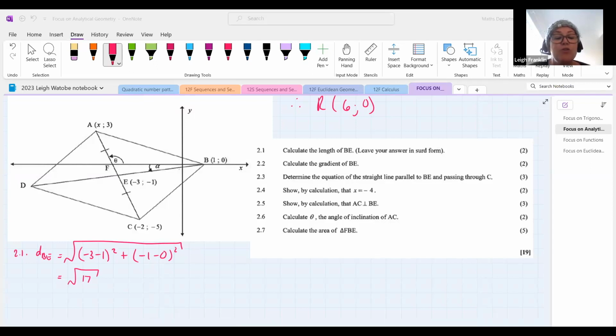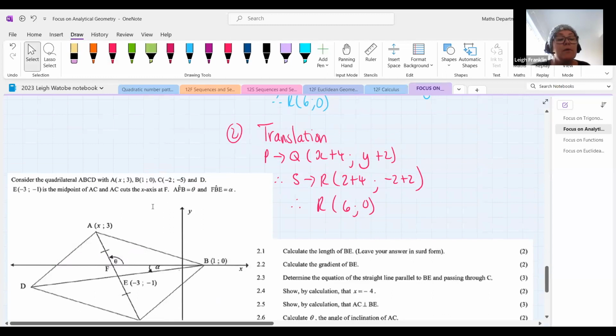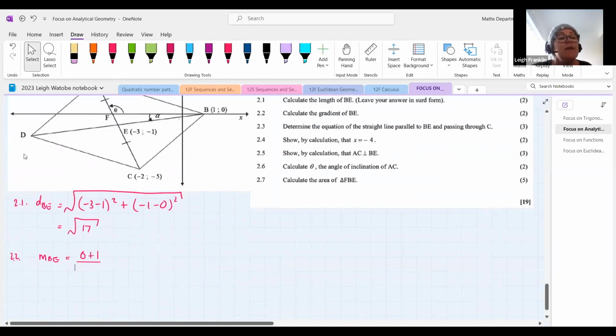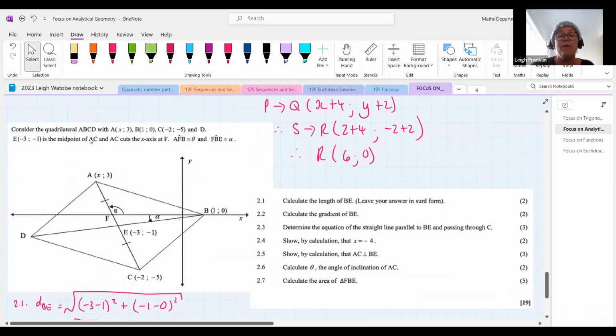In 2.2, calculating the gradient of BE, we would end up with 0 plus 1. And here they've said it's a quadrilateral, so it's not a parallelogram.